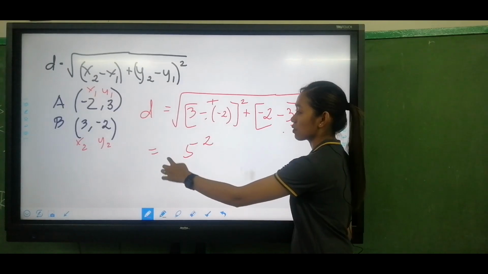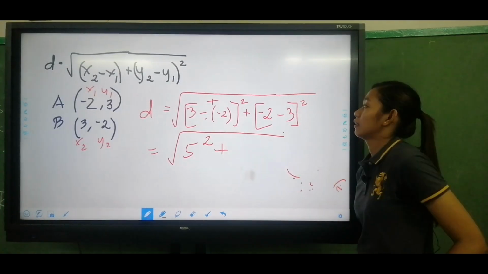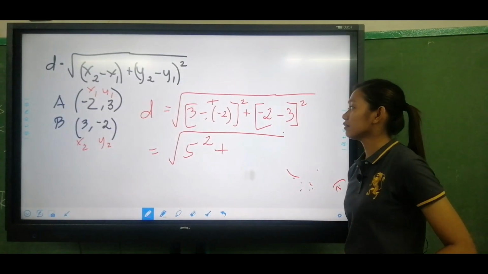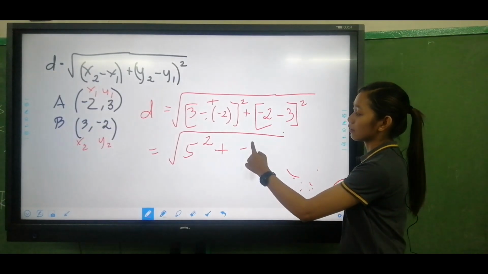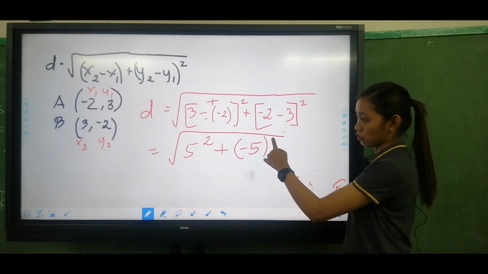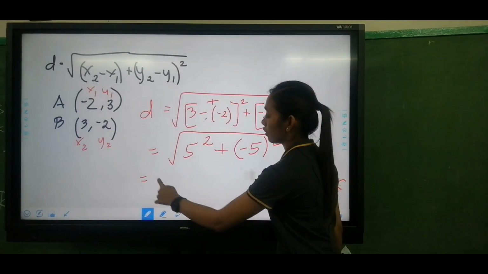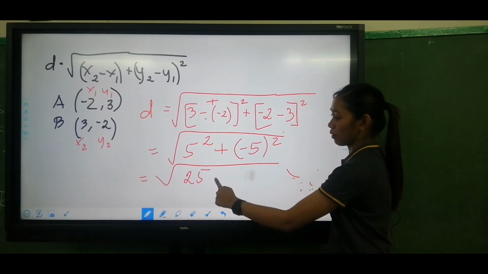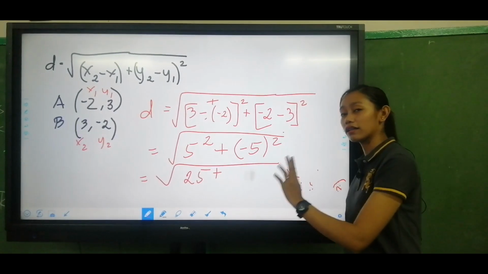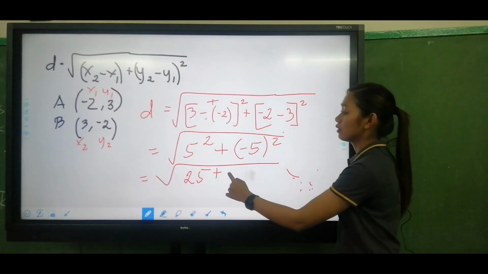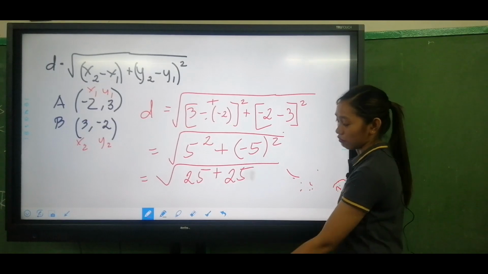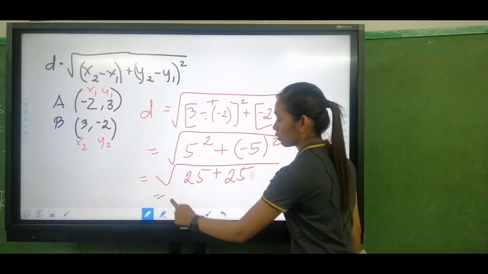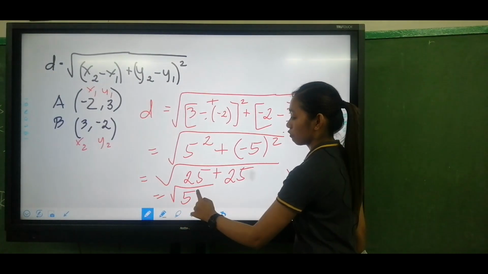So this will be 5 squared plus negative 2 minus negative 3 will be negative 5 then squared. So equals 5 squared is 25 plus negative 5 squared, negative 5 times negative 5, that will be also 25. 25 plus 25, that will be square root of 50.